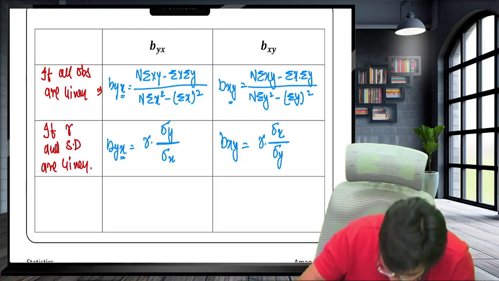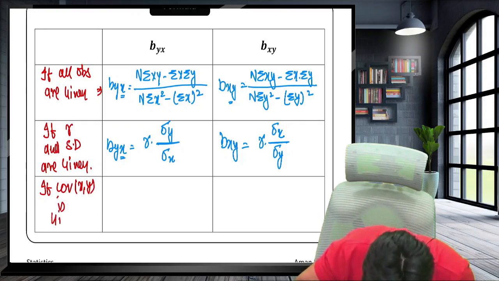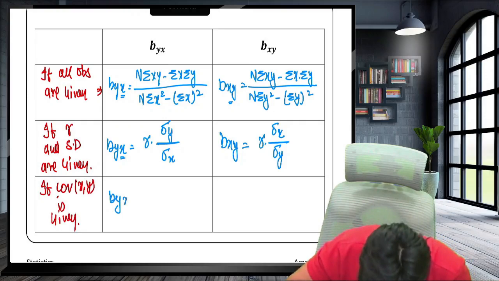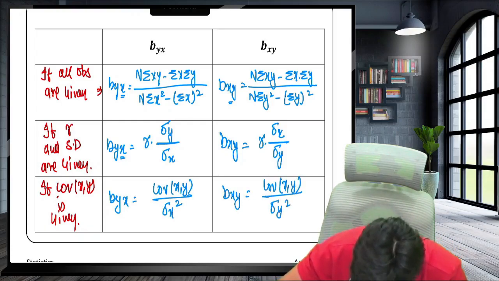Now, the third formula: if covariance between x and y is given, then prefer the last formula. b y on x is equal to covariance between x and y divided by standard deviation of x whole square, and b x on y will be covariance between x and y divided by standard deviation of y whole square.